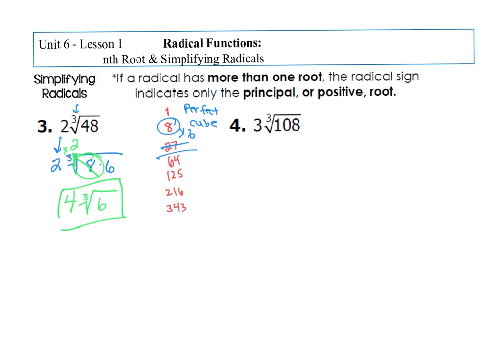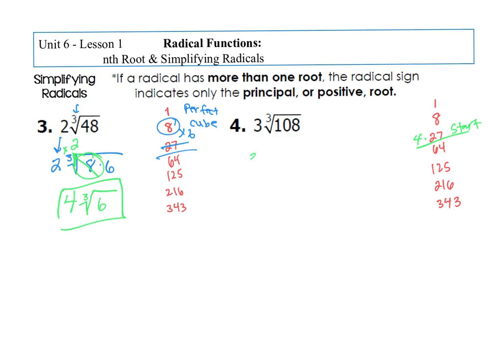Okay, number 4. I have 3 times the cube root of 108. So I'm going to take half of 100. I know that's like 50 something, so I'm about between 27 and 64. So I start 108. This is again my starting point. 108 divided by 27 is 4. Okay, so 27 times 4 make 108.